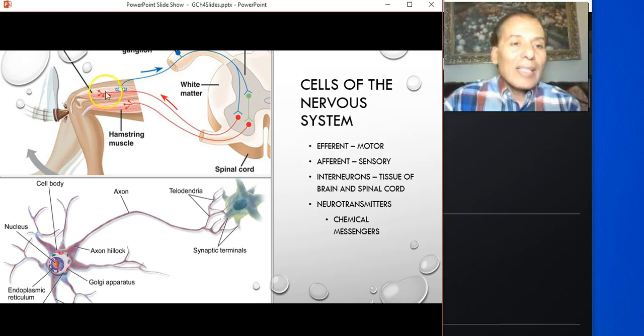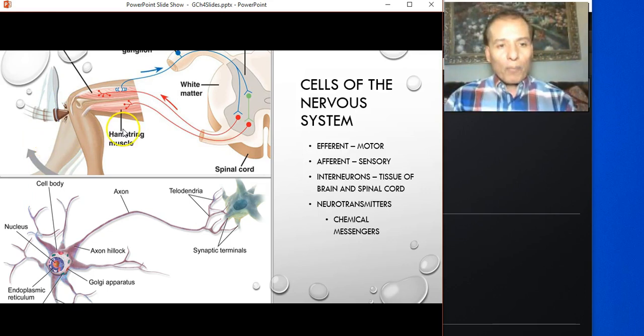So there's a tendon that connects that muscle to your knee cap here, and then that is connected to your leg. So when you tap this, the muscle will contract and it will pull that tendon, and the tendon will pull the leg up with it. As you can see in the arrow, that's the same leg, but once you tap, the leg will jerk.